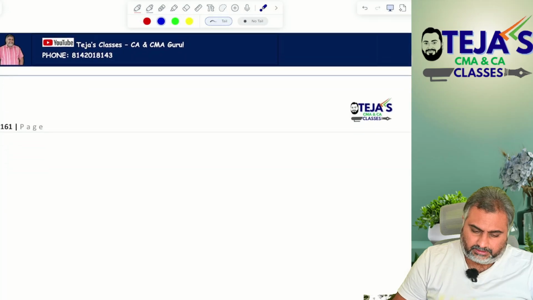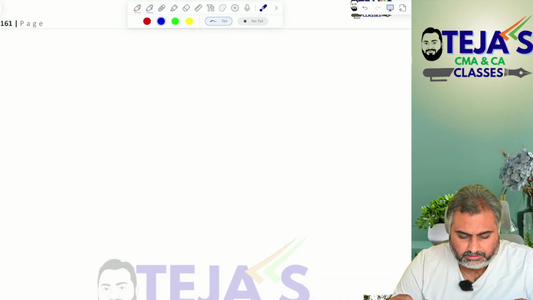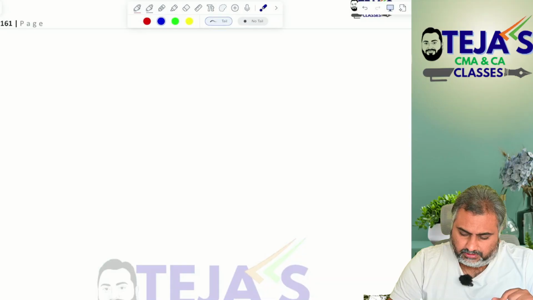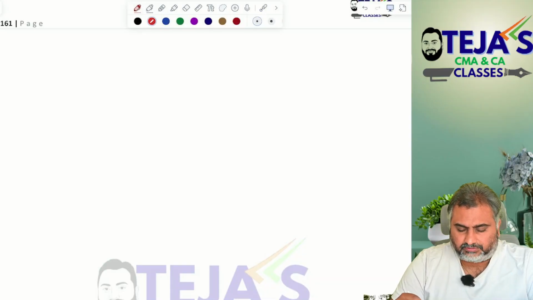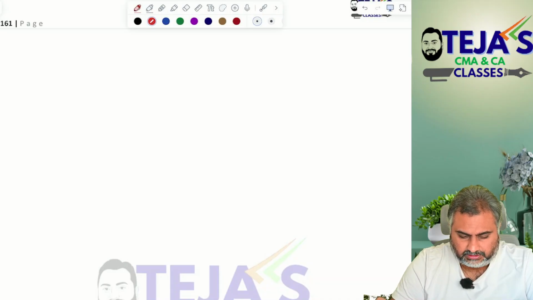First we need to find out a few things. That is, we need to calculate the total room days, then the attendant wages, then the lighting charges, and then we need to find out the total cost related to that.